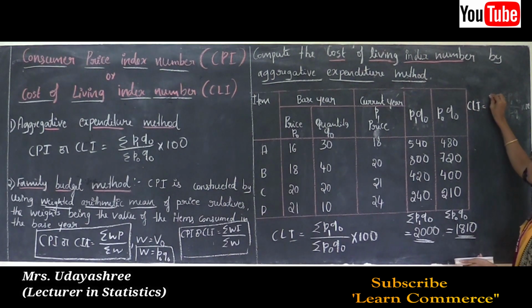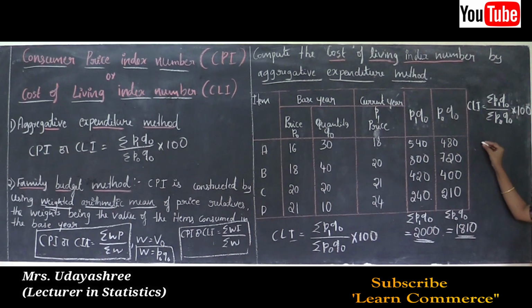This is equal to summation P1 Q naught, the value is 2000, divided by summation P naught Q naught, the value is 1810, into 100.